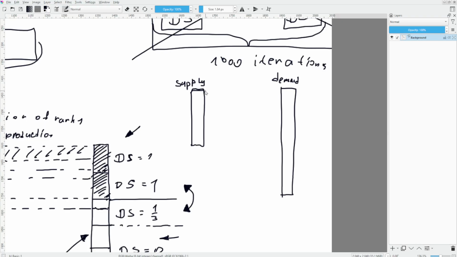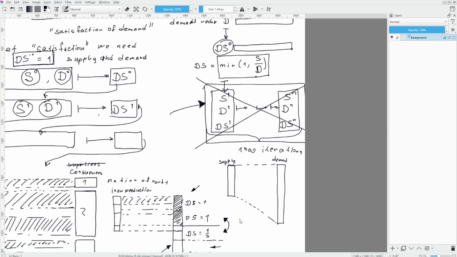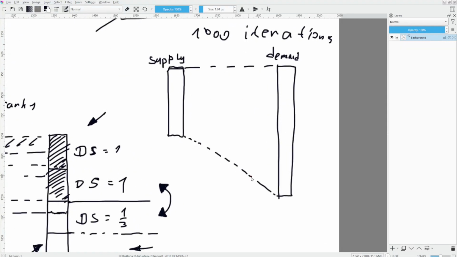We do the following thing. We just distribute all supply among all demanding agents in fair way. So it's exactly the formula which we were talking about a bit before. So instead of calculating demand satisfaction per nation, we calculate demand satisfaction per market.